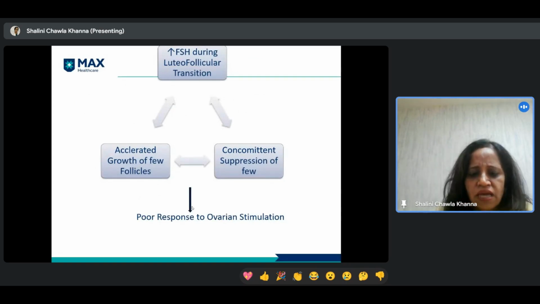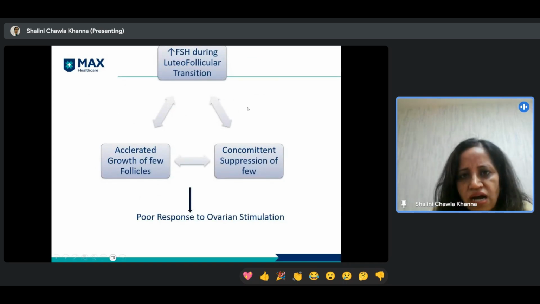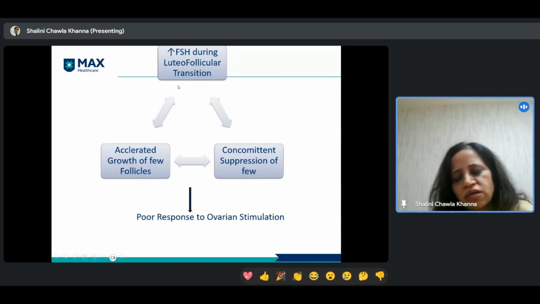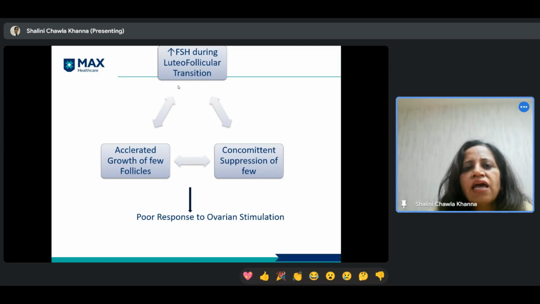Now why does this asynchronization occur? We all know that during day 21 or whenever in the luteal phase of the previous cycle, there is an FSH rise during the luteofollicular transition.